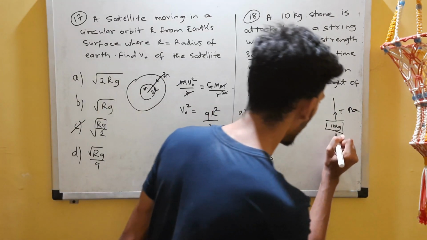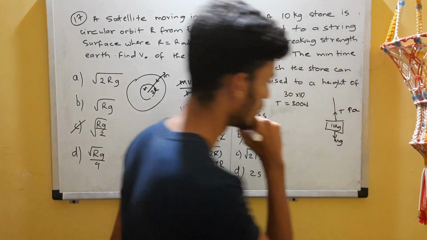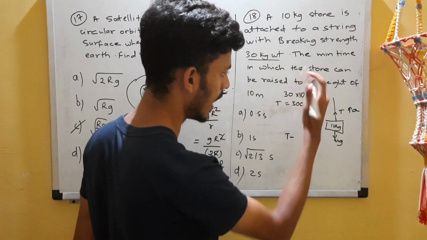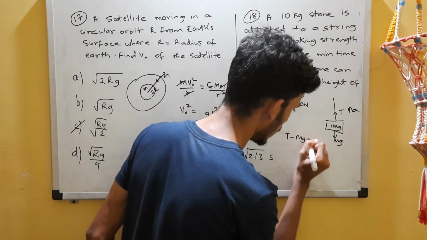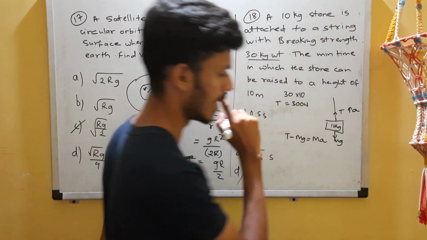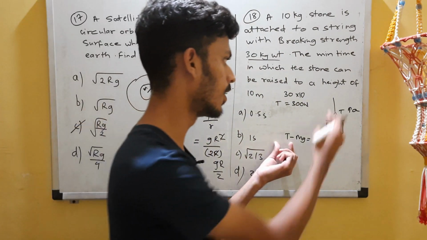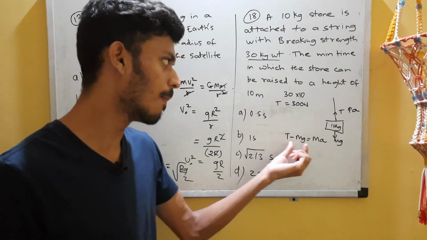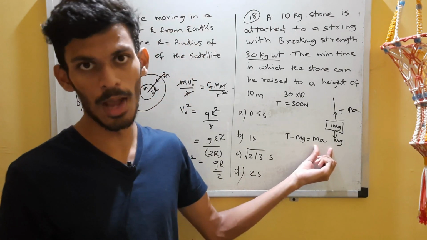Of course we have mg in the downward direction. So you can write F net equals ma. So T, the force in the upward direction, minus mg equals mass into acceleration. Now we are raising it up, so T will be greater than mg. So T minus mg will be mass into acceleration.